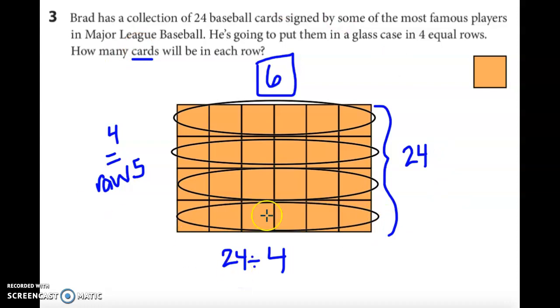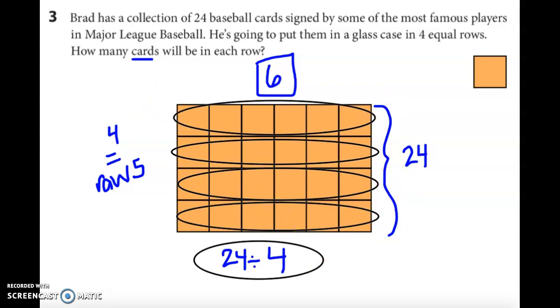So if you haven't already, you should be writing this down with the picture that I drew on your Brad's Baseball Shop sheet, emphasizing that we're talking about rows and that this is actually a division problem down here because we knew there was 24 and we split it up into 4 equal rows.